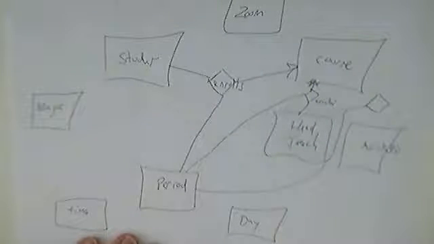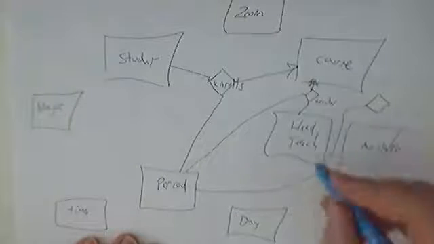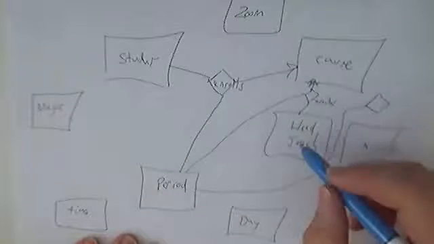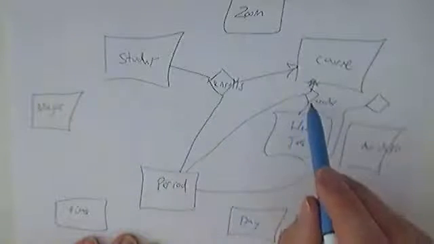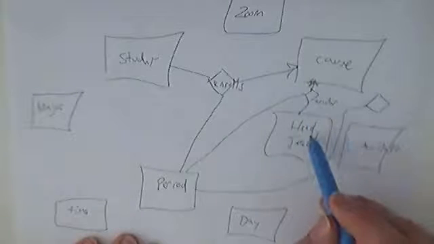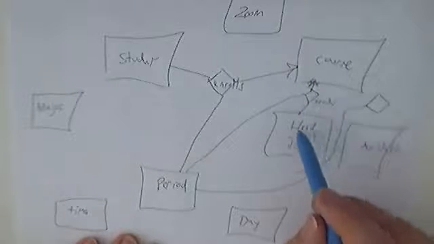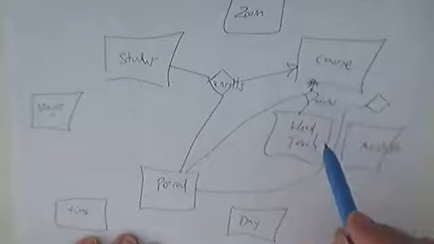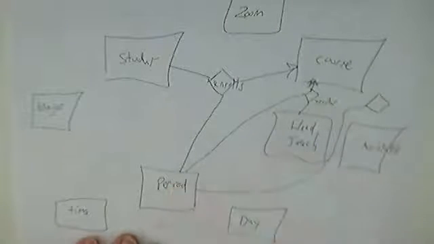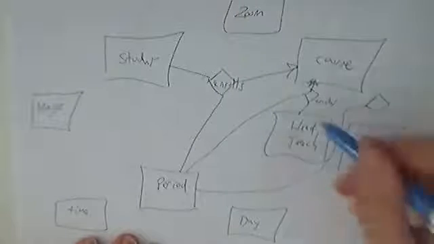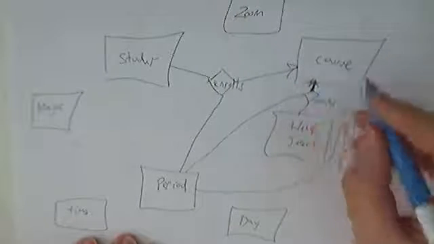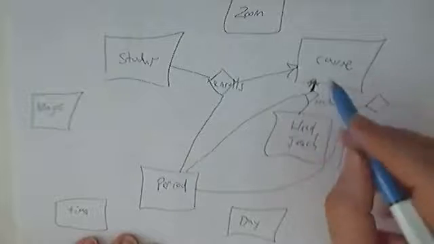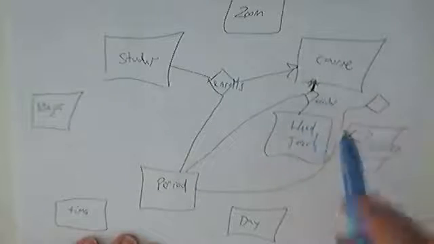The head teacher teaches a single course. That's not going to be quite right. We've got an issue here because a head teacher can be assigned multiple courses. As a head teacher, in a given period, I can be assigned more than one course. So we don't want it that way. How are we going to deal with that? We don't want many to many. So we have an issue about how to specify this in the ER diagram to really capture what we want.